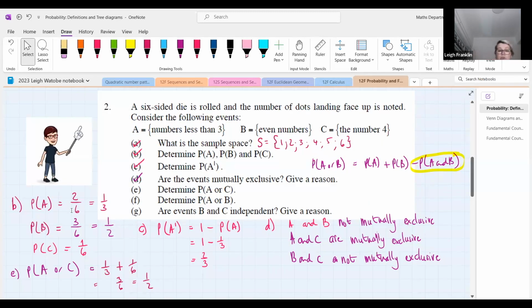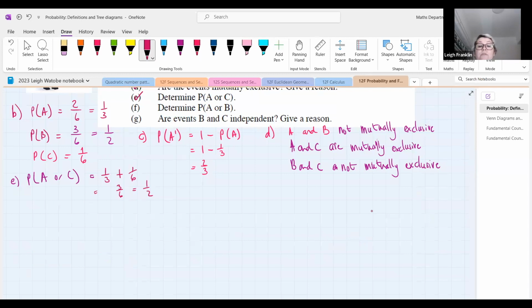So now they want us to determine the probability of A or B. What we could do here, I suppose, is draw ourselves a Venn diagram just with events A and B in it. Remember, we said A and B are not mutually exclusive.